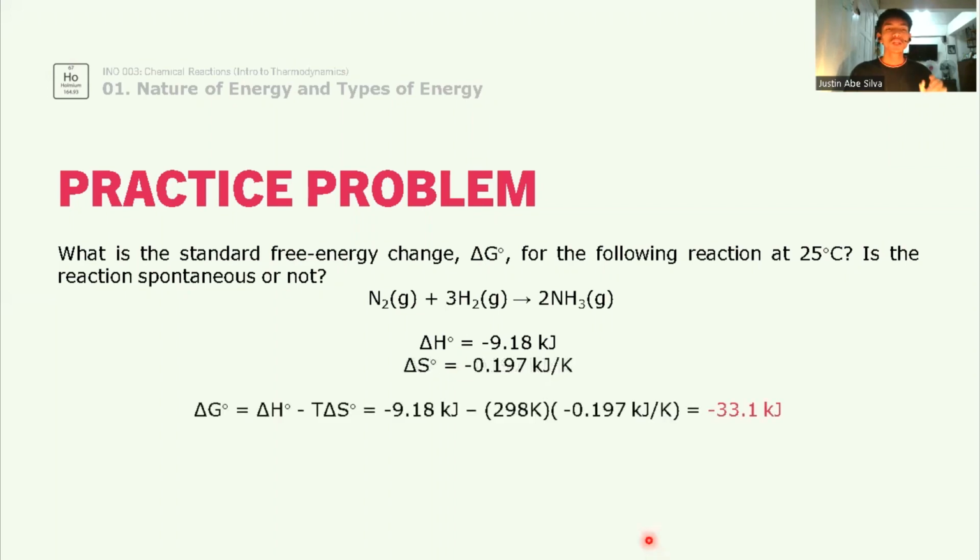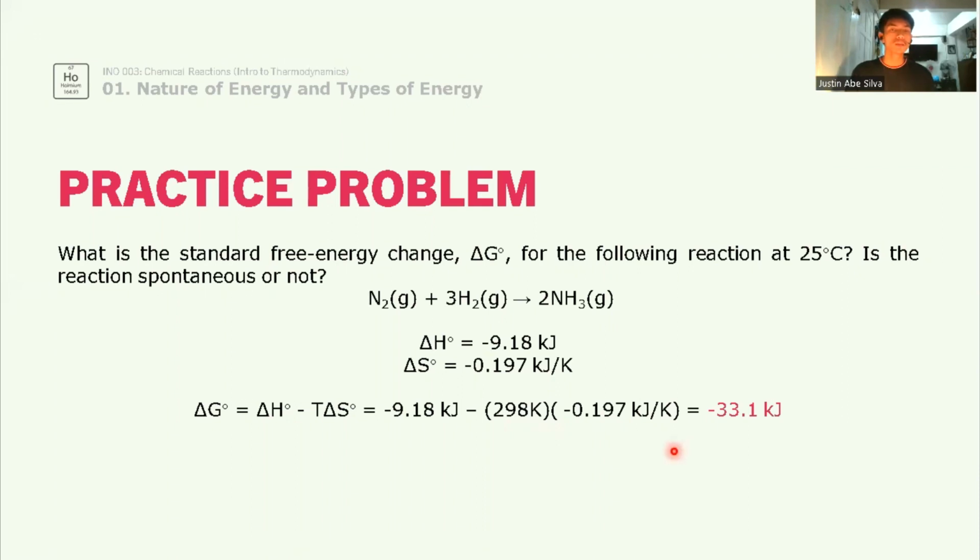Given here is the solution to the problem. We are going to use the agathas formula, which is delta G naught equals delta H naught minus T times delta S naught. Just substituting the values, you get negative 9.18 kilojoule minus 298 Kelvin times negative 0.197 kilojoule per Kelvin.